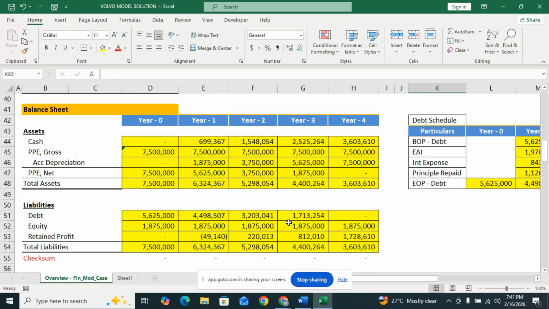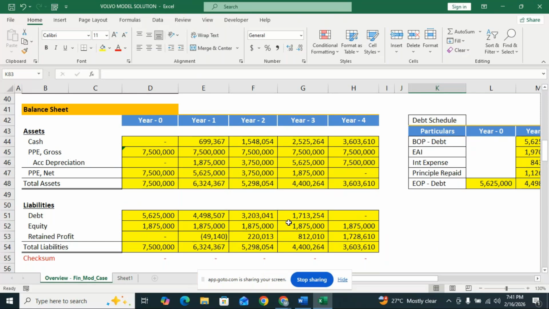Ma'am, the total assets, I'm not able to get the same values. That entire row. Just check your cash values first, whether you're able to get the same values for cash at the end of the period.